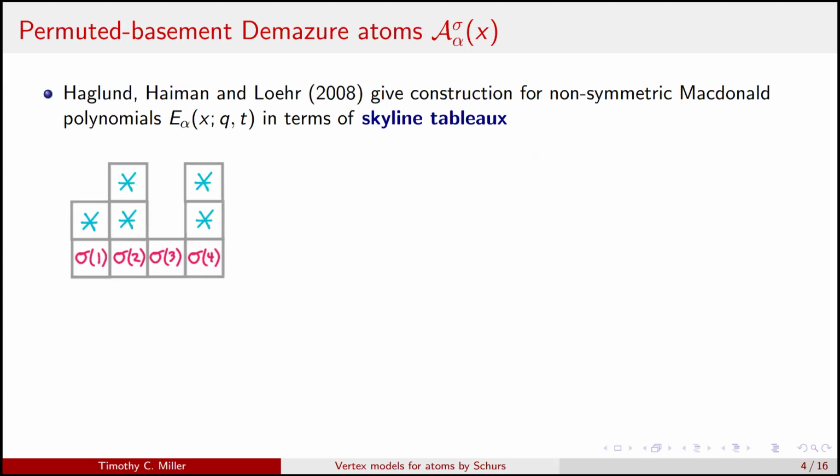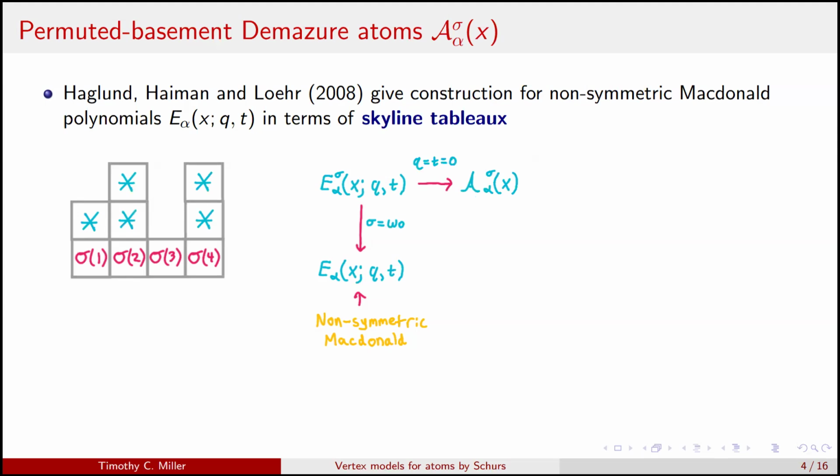On the bottom you have a permutation, and those red values are called the basement values. If you just permute the basement, then you get the so-called permuted basement non-symmetric Macdonald polynomials. And if you let sigma be W naught, you get the standard non-symmetric Macdonald polynomials.